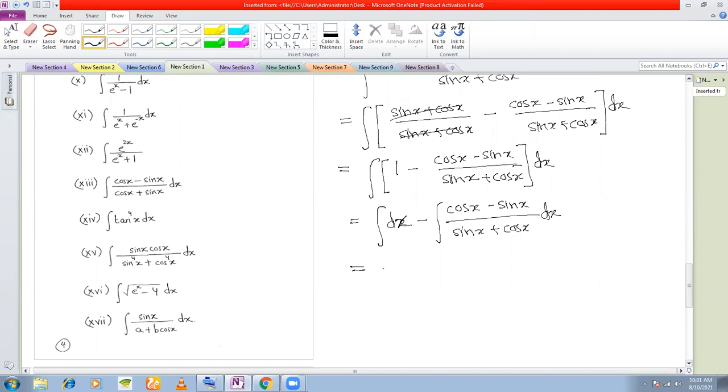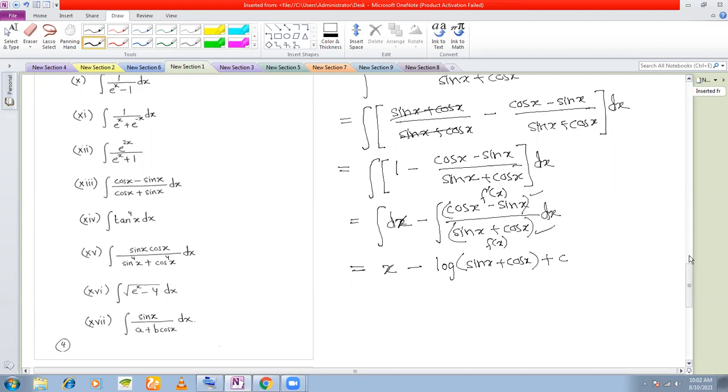So integral dx will be simply x minus cos x minus sin x divided by sin x plus cos x. If you differentiate the denominator, you will get the numerator. That means this is what form? f dash x by fx. That means, if you see the form earlier that I showed you, this can be written as log of fx, log of sin x plus cos x plus c, and that is your answer.